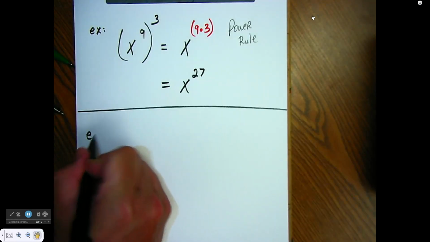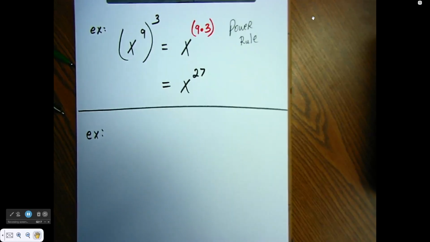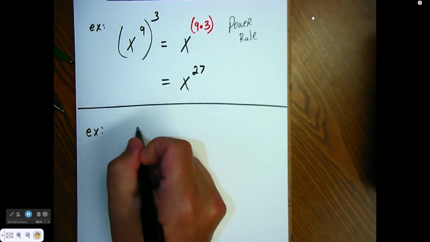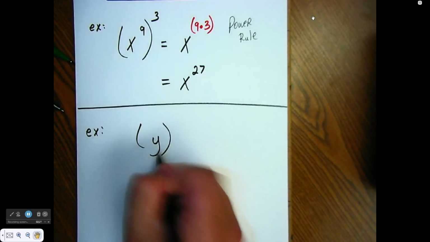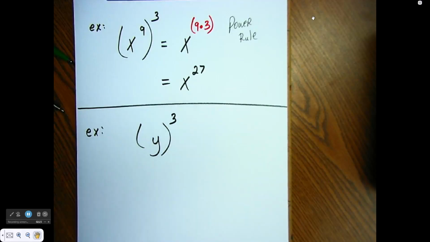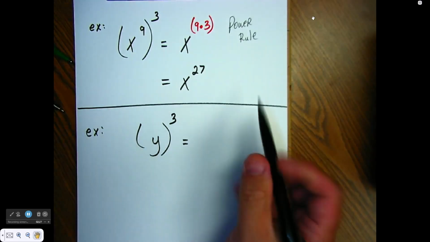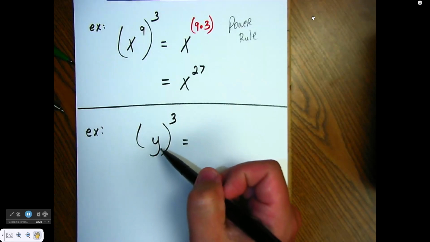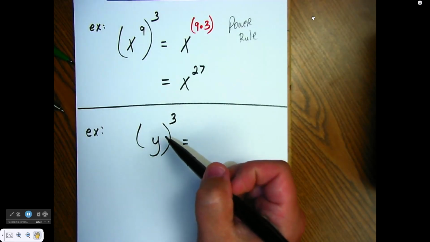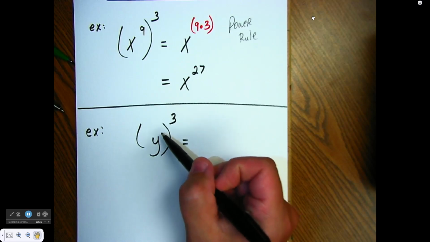Let's see if we can squeeze in another example on this page. How about in parentheses y all by itself raised to the power of 3? As stated in earlier videos, when you see a variable by itself, it looks like it doesn't have an exponent, but oh, it does. It has an understood exponent of a 1.